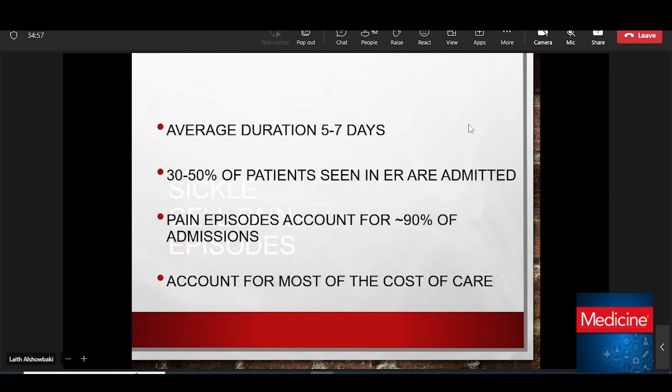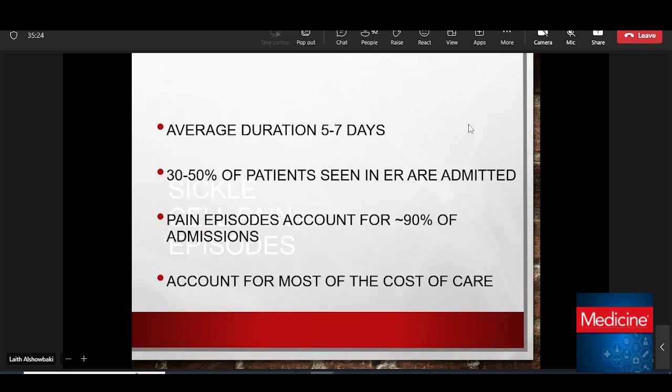Those painful crises come in clusters, like people continue to experience this pain for 5 to 7 days on average. About 4 out of 10 of the patients seen in the emergency department because of that pain are admitted to the hospital.